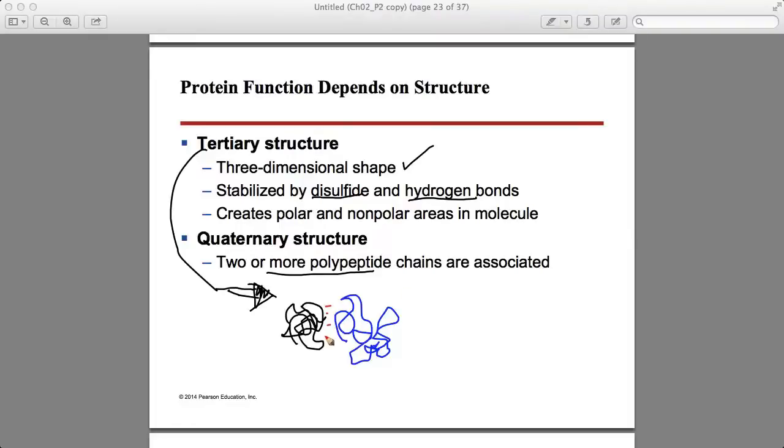Here are little bonds showing these two units interacting with one another. And so in this case, this large protein is composed of two peptide chains, 1 and 2. And so how they are put together is the quaternary structure. Now, not all proteins are made up of subunits like this, so not all proteins will have complicated quaternary structures.